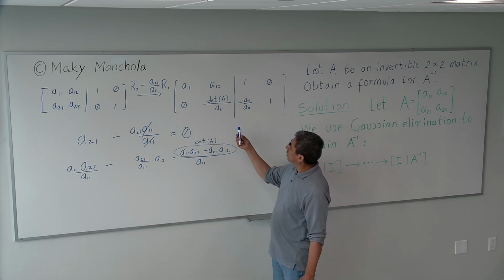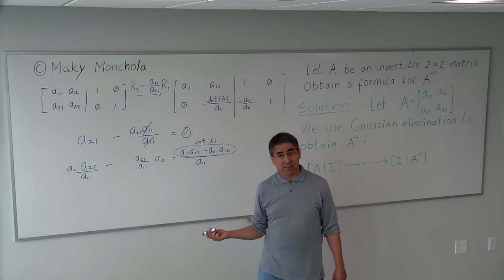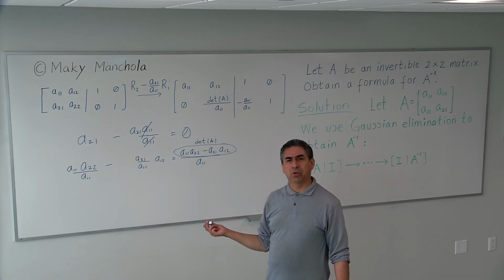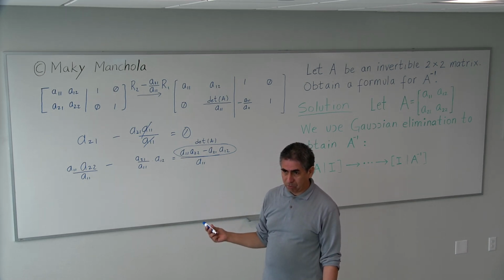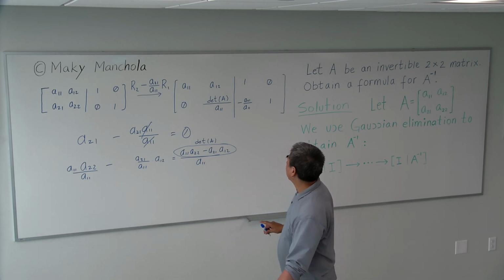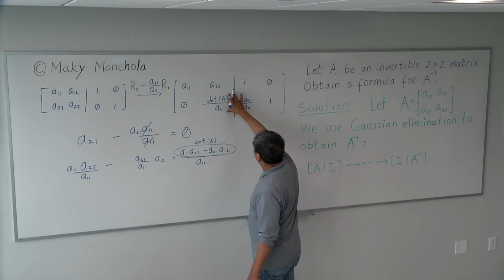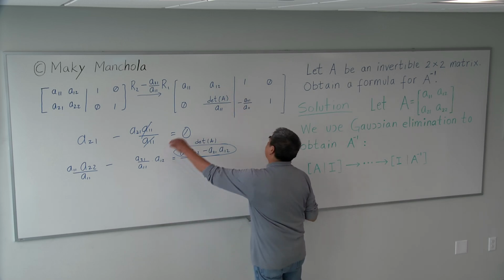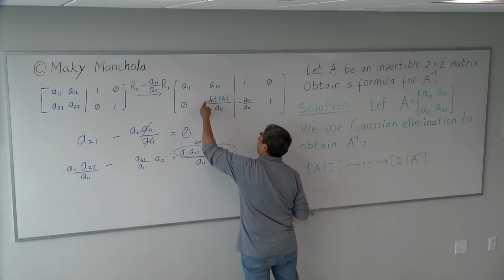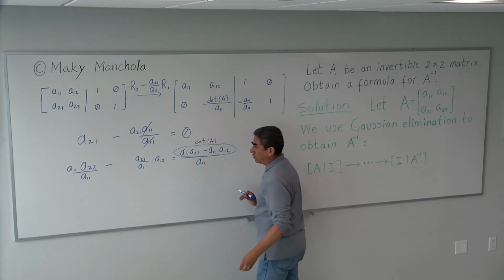Well, it is non-zero because the determinant of A is different than 0, since we know that when a matrix is invertible, its determinant is not 0. So I would like to make that a 1. Let me multiply the second row by the reciprocal, which is A11 over the determinant of A.